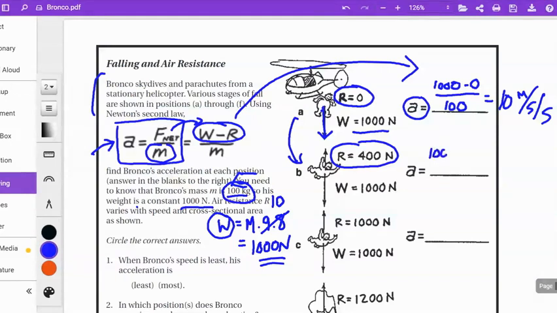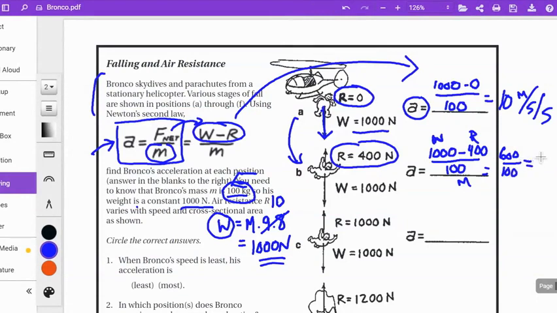We take 1,000 newtons of weight minus the upwards force of 400 newtons and divide by Bronco's mass. So again, this is the W force here, this is the air resistance force here, this is the mass. We're literally just plugging into the second law formula. You do this maybe in your head or on a calculator. 1,000 minus 400 is 600, but you have to divide by the mass.